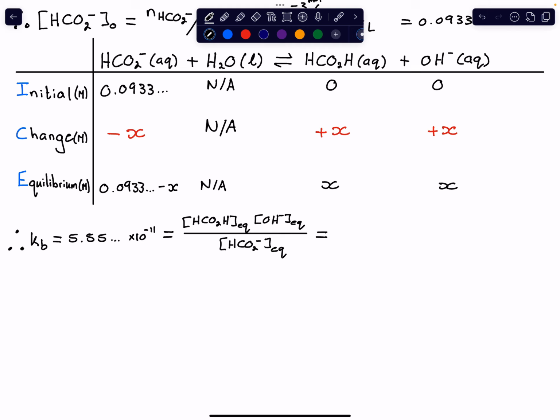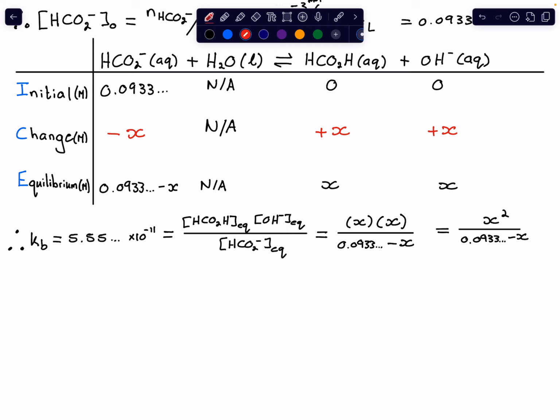Looking at our ICE table, we denoted these values as X and X, and this has a value of 0.0933, etc., minus X. We can simplify this a little bit by saying this is X squared divided by 0.0933 minus X. All right. As usual, this is a very small K, so let's check whether or not we can make an approximation.